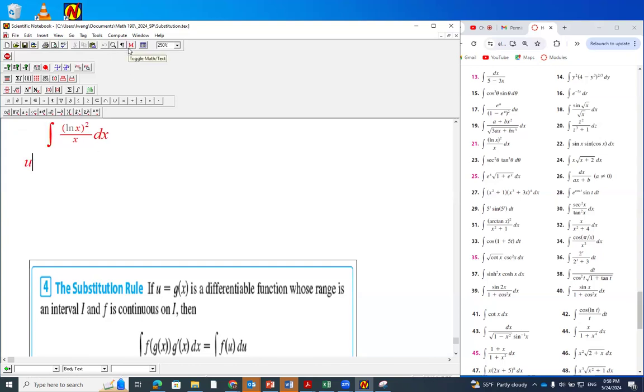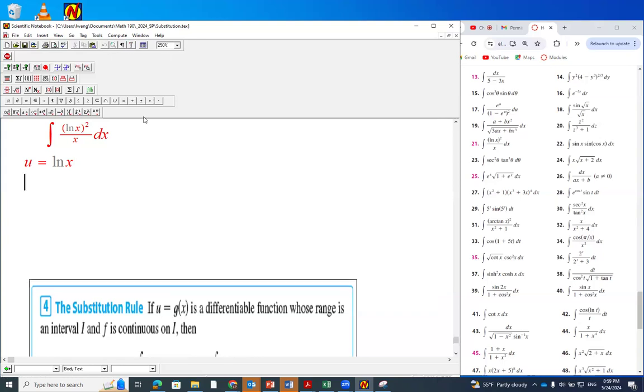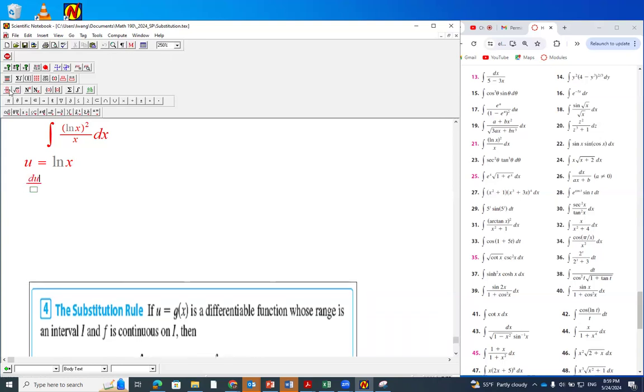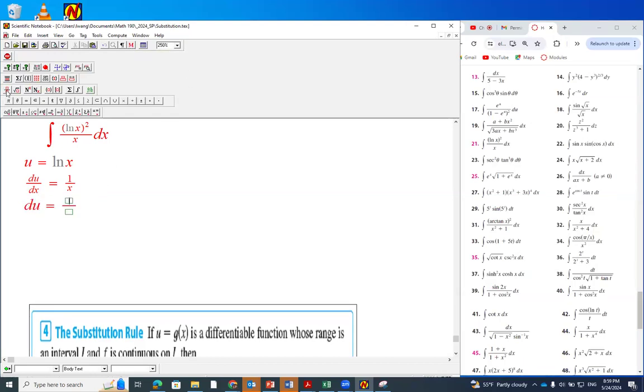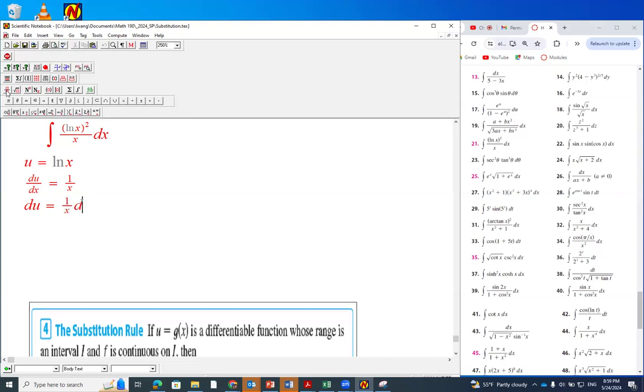So here we go. Let u equal ln x, and du/dx equals 1 over x. So du is equal to 1 over x multiplied by dx, and we already have it in the given, see? dx over x, that's du, right? And u is ln x.